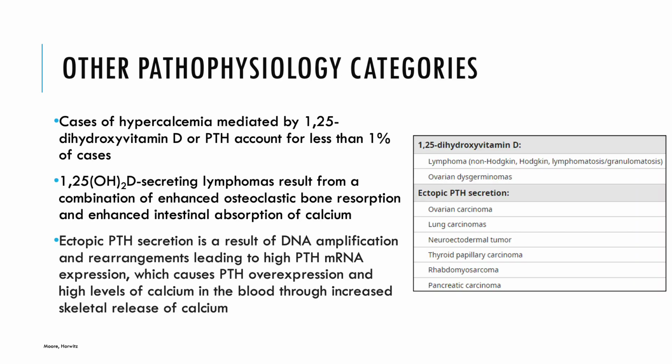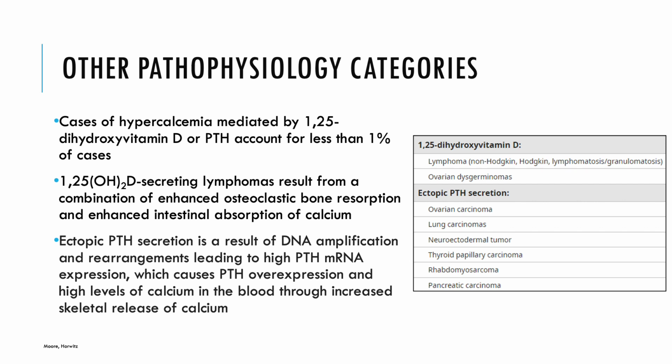The remaining 2 pathophysiology categories for hypercalcemia of malignancy are much less common in general. These cases of hypercalcemia, which are again mediated by either calcitriol or parathyroid hormone, account for less than 1% of cases. So again, very small number of cases.